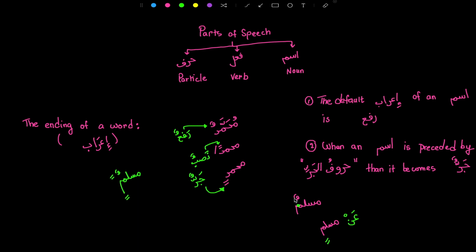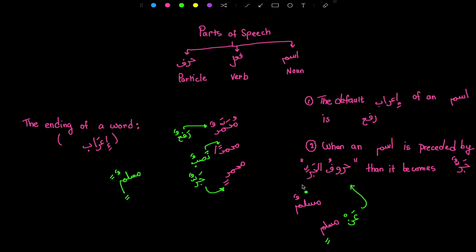Why is that so? From un it became in because of the an. So an is from huruful jarri, the particles of jar, which means the particles which make the word after it, specifically the ism after it, jar.